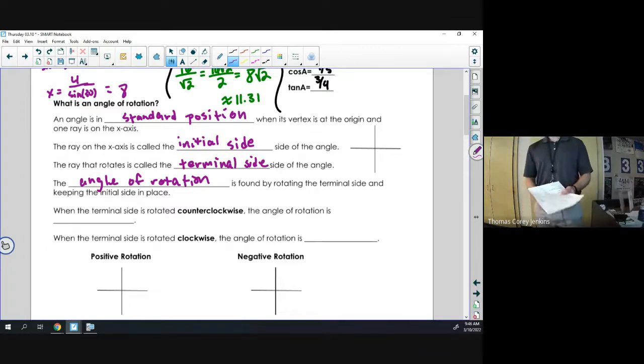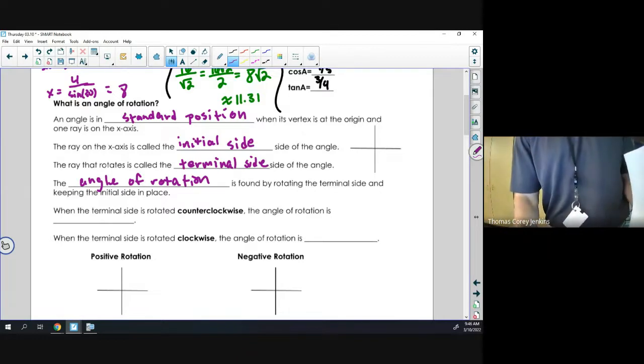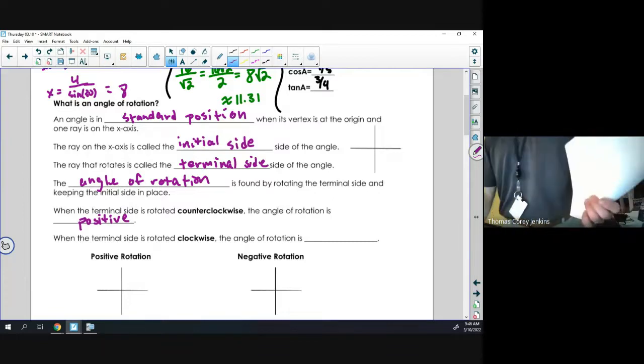And this last part's kind of important. It says when the terminal side is rotated counterclockwise, the angle of rotation is positive. And if it goes clockwise, it's negative.